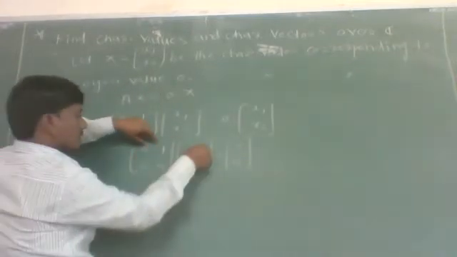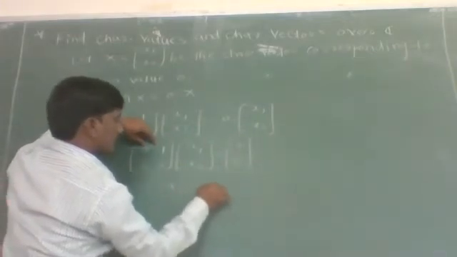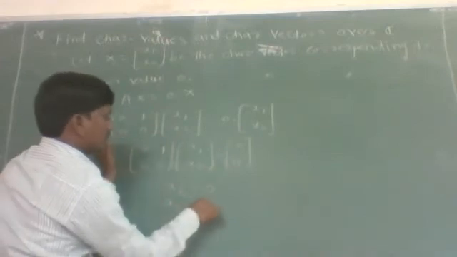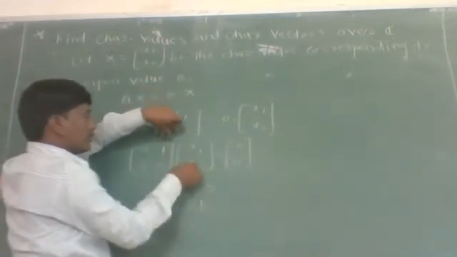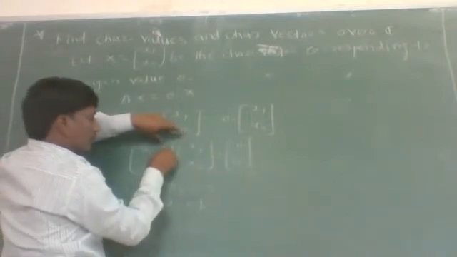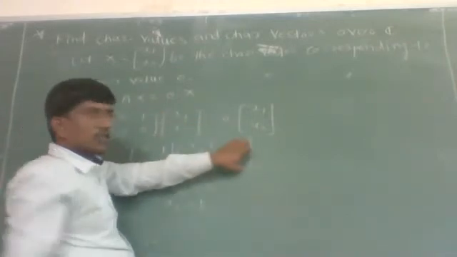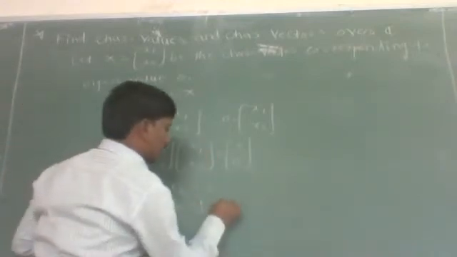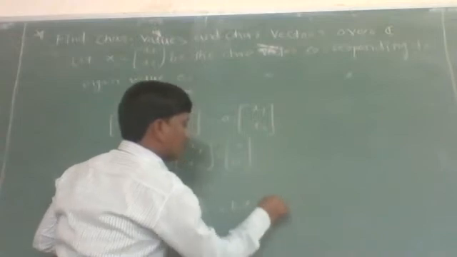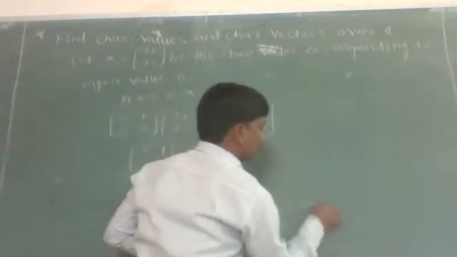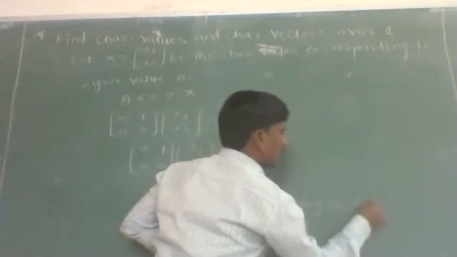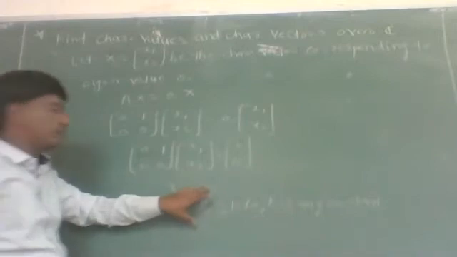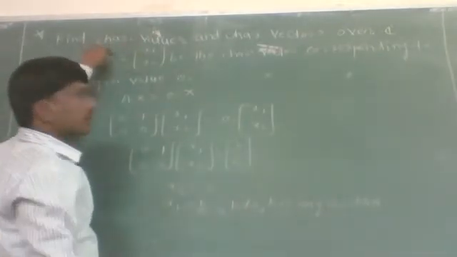Now from this, x2 equal to 0 and x1 is equal to something k, since here 0 into x1 is 0, 1 into x2 will be equal to 0, and x1 equal to anything, an arbitrary constant k, which is not equal to 0, and k is any constant. So here we get the values of x1 and x2.